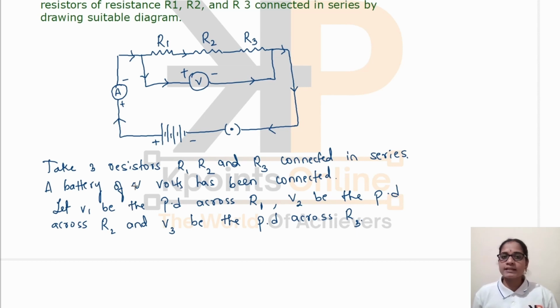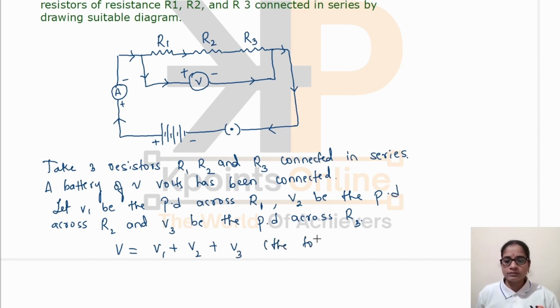It is found that the total potential difference across these resistors is equal to the sum of individual potential differences. So that V is equal to V1 plus V2 plus V3.